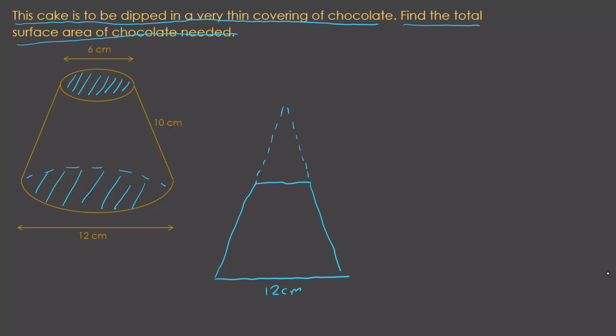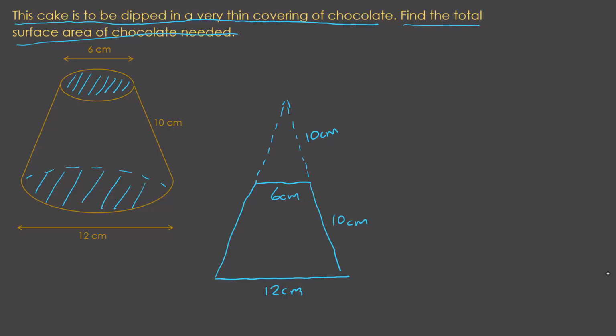If this is 12 centimeters and this is 6 centimeters and this is 10 centimeters, then by either using similar triangles or some other sort of symmetry type argument, you might reasonably expect that that also is 10 centimeters there.